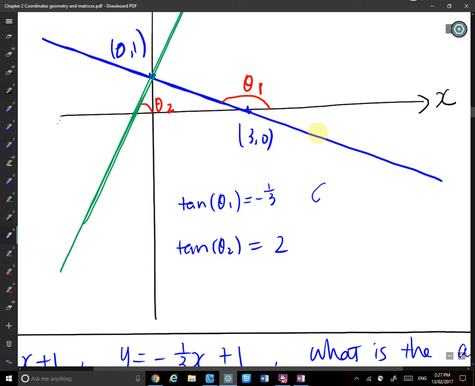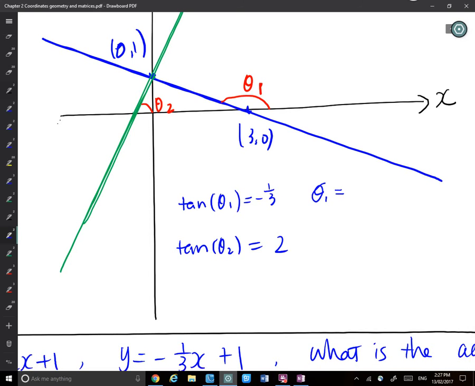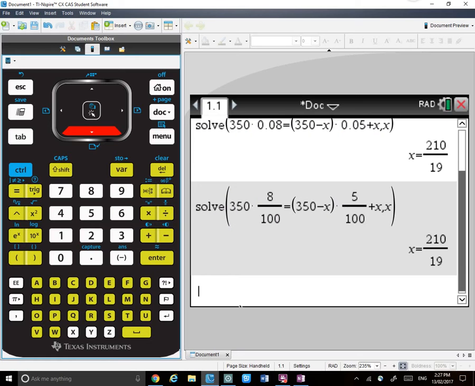So what is theta 1? Let's put this into your calculator. For those types of questions, they may ask you to keep your answers in degree form. I'm not going to change this to degree form, so I'll still keep this in radian form. You can see it still says RAD, still in radian form.